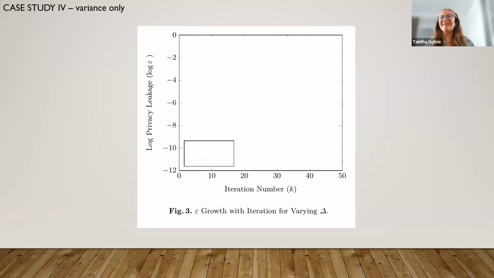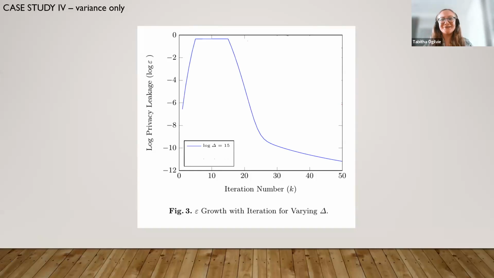Now, if we hadn't spotted this issue of message dependence, what would our privacy leakage look like? If we only looked at the variance and the sensitivity and used the standard case result, how would it go? The answer is pretty well. If we use log delta as 15, then by 50 iterations, our privacy leakage is incredibly small. This would definitely be fit for purpose.